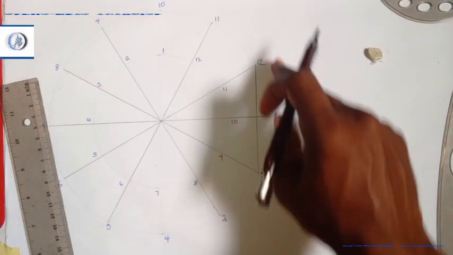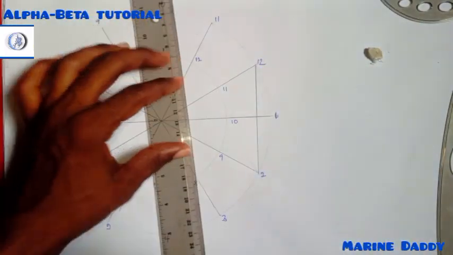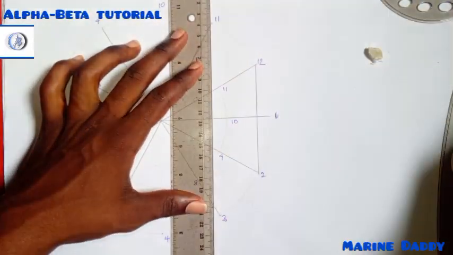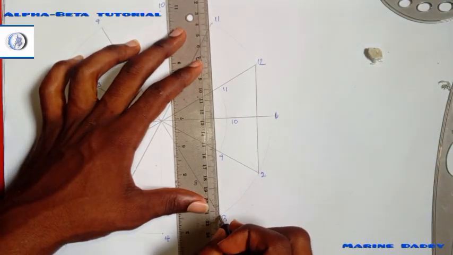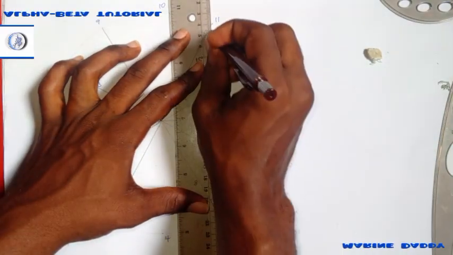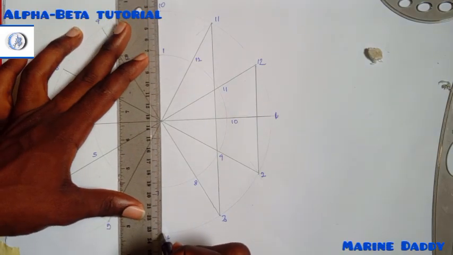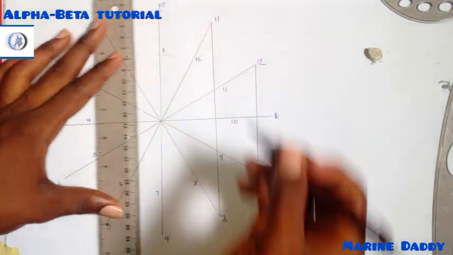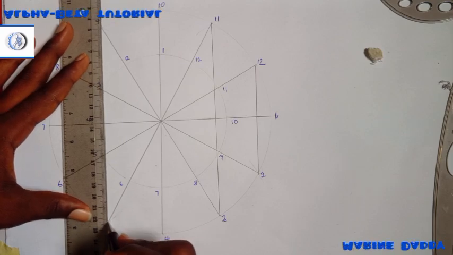You are drawing a straight line, a vertical line rather, sorry. So we continue. The next one is 11 to 3. Next one, 10 to 4 is already given, so there's no need. You go to the next one, 9 to 5.